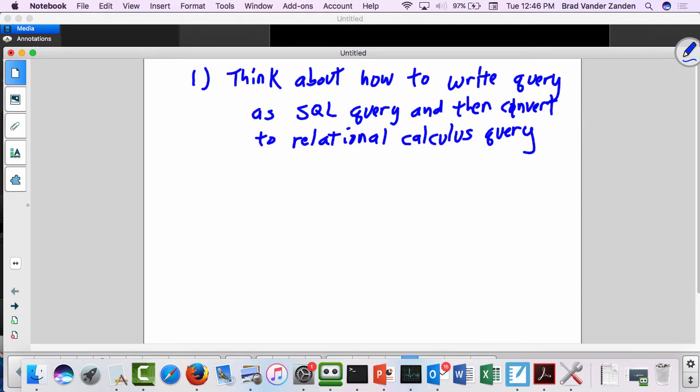There are some basic things when you're doing the conversion. So if you have something like select, say, A, B from, say, hotel, where predicate, then there's just some basic stuff.